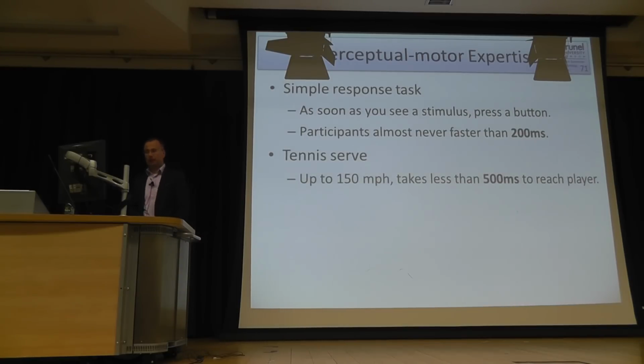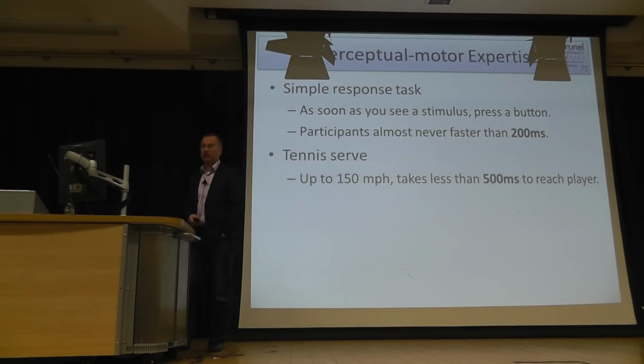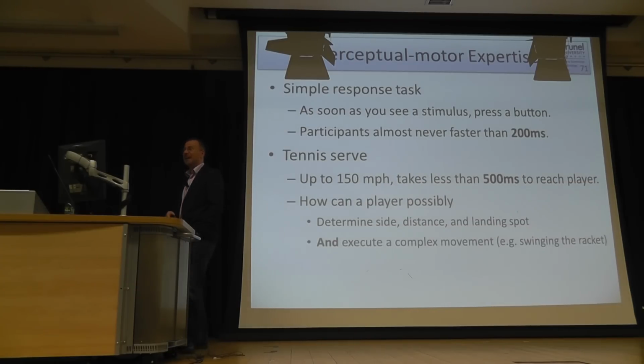As I said, in the tennis serve, due to the speed, we often have less than 500 milliseconds. And when you consider the timing, you need 200 milliseconds to make a button press on just any stimulus. How can a player within 500 milliseconds determine the side, distance, and landing spot and execute a complex movement?